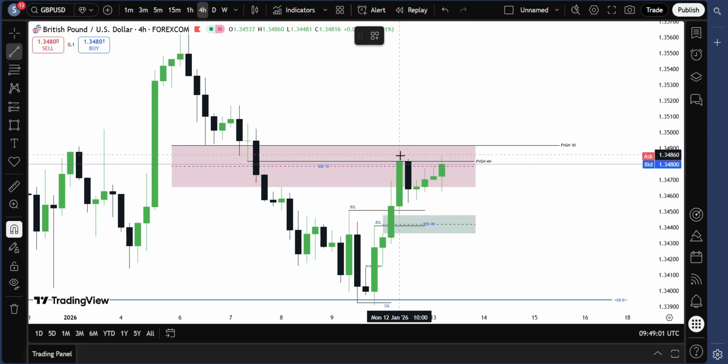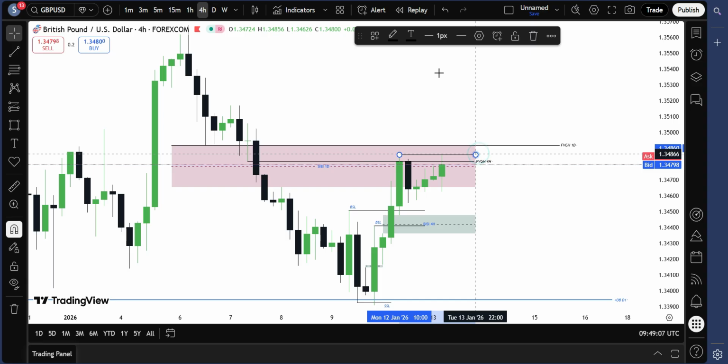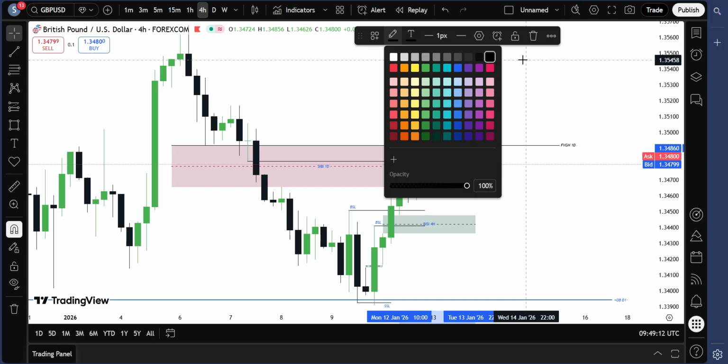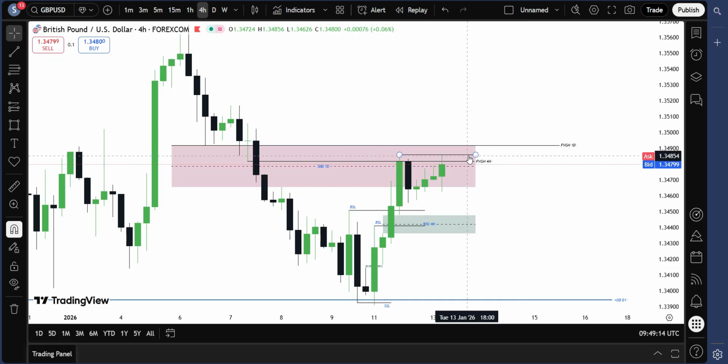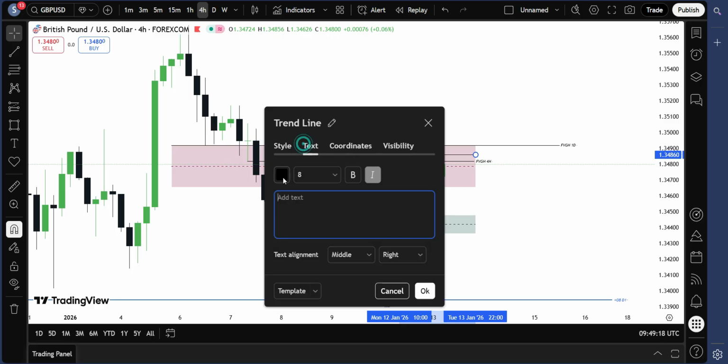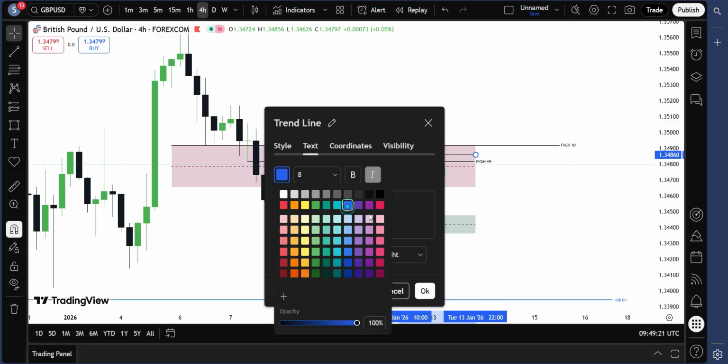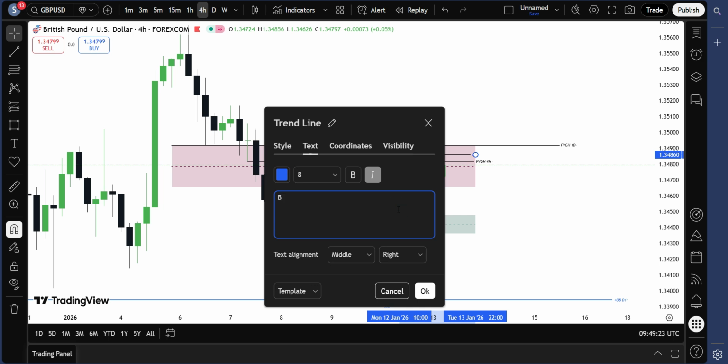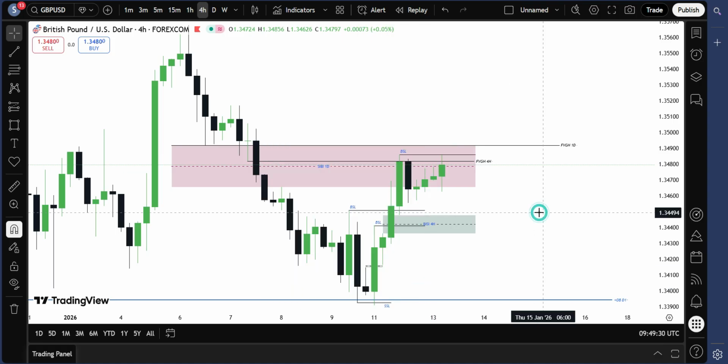Let me identify an area of buy side liquidity we have to take note of. Okay, so that's buy side liquidity.